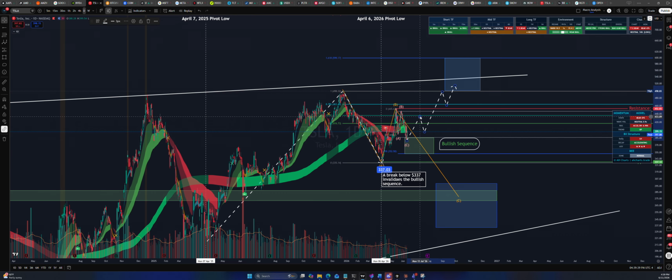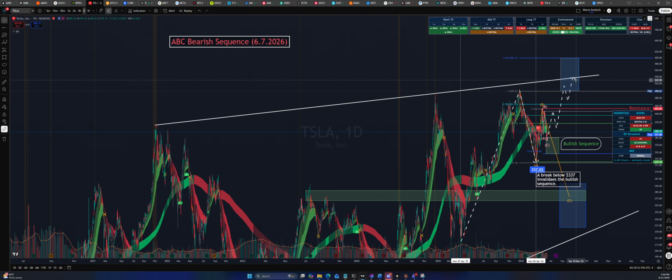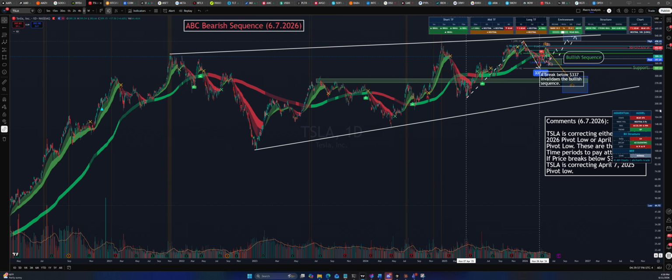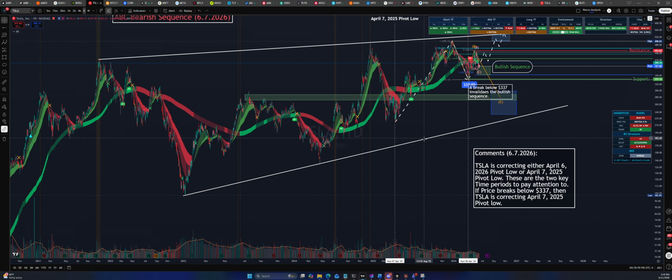And you'll have a 5-wave move to the upside, like this, right over here, which is pretty crazy because this move comes right to the top here again. So nobody knows exactly.